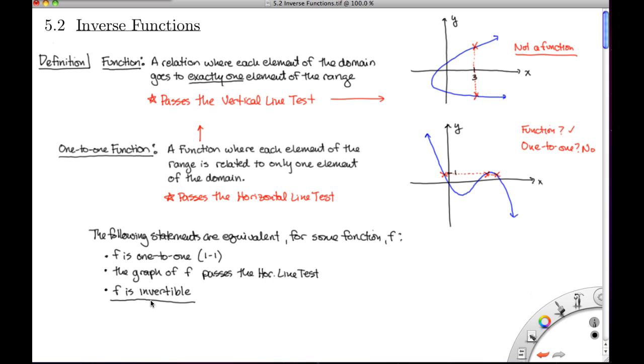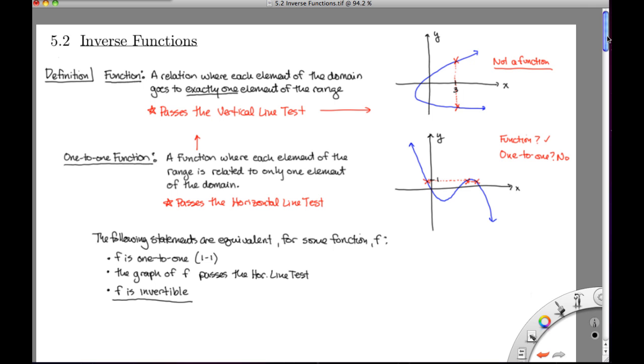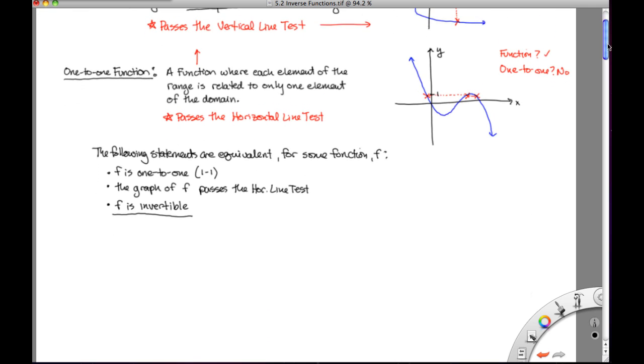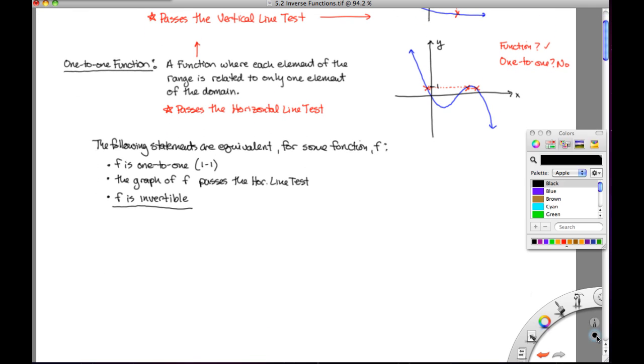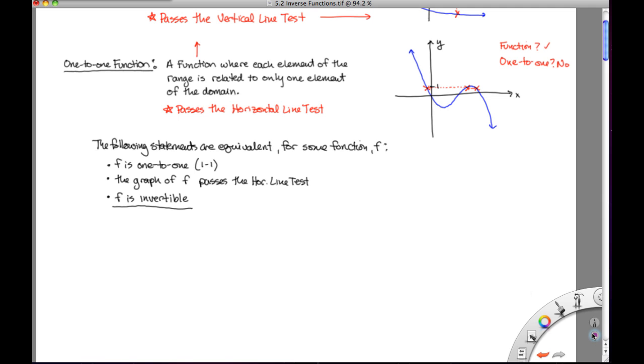Now before we move on to thinking about inverse functions, I'd like you all to try a quick example or two before we move on to the next video. Just try these on your own. So determine if the following are one-to-one functions.